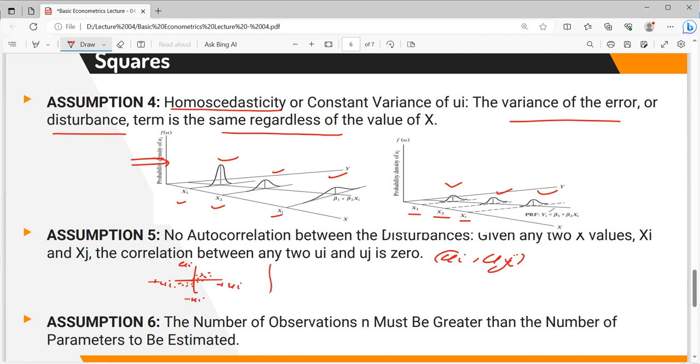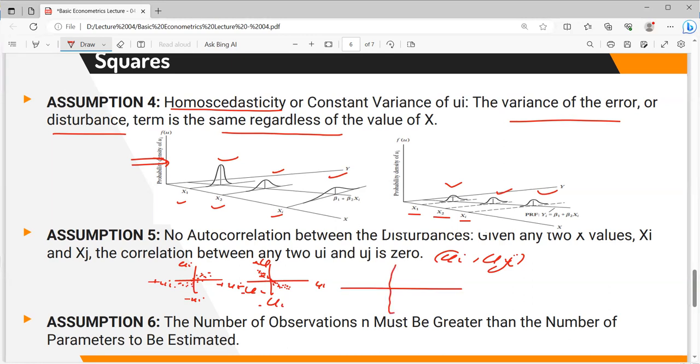If the scatter plot is like this, it shows a negative association between the two error terms.